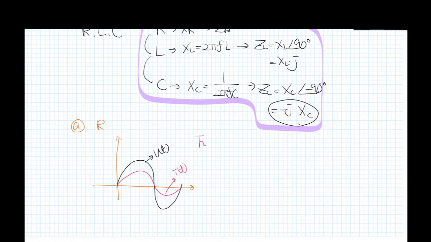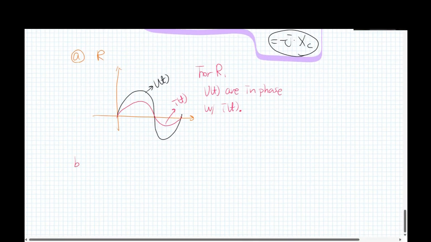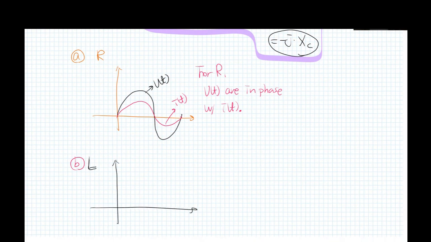So for the R case, v of t is in phase with i of t. Okay. And let's say this is L, the inductor case. Okay, inductor case, v of t.